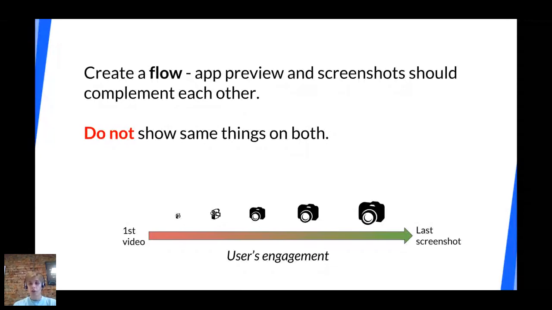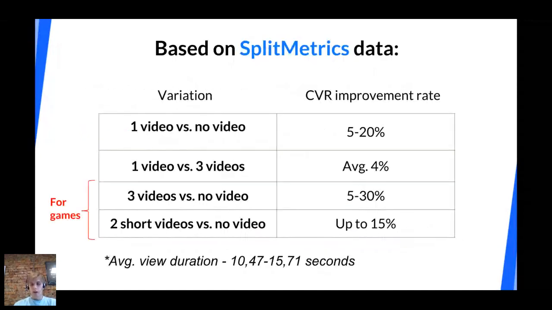What successful publishers do is create a flow in which users' attention is gradually moved from the video to the following screenshots, providing maximum engagement. And this way it really works. And to my previous point about the view duration, users view your video for 10, 15 seconds. Mostly the minimum length of video is 15 seconds to be uploaded to the App Store.